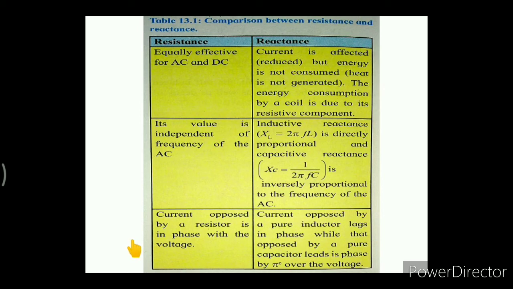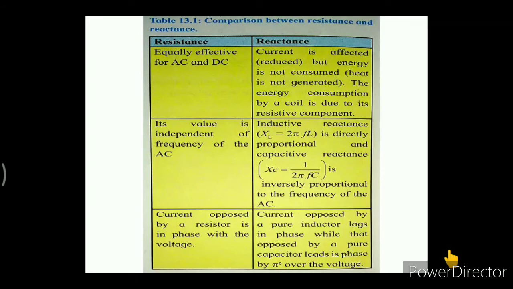But when the inductor is connected in a circuit, then the instantaneous value of EMF leads the current by the phase pi by 2 radian, or current lags behind the EMF by pi by 2 radian. That is, the instantaneous current when the inductor is connected is given as I equal to I0 sin omega t minus pi by 2.